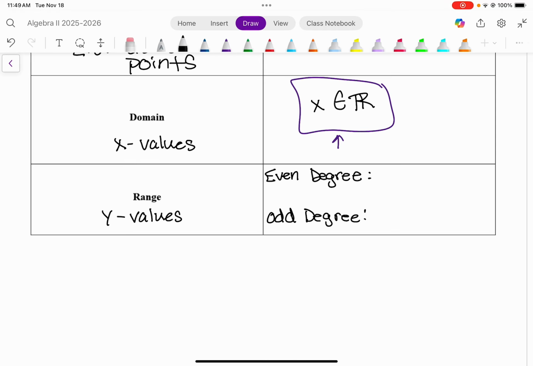So if it's an odd degree, your range would be y is an element of all real numbers because it's continuing to go up and down. When it's even, our end behaviors both go the same way. So this one is going to be an inequality with y. So it's going to be y is greater than or equal to a number, or y is less than or equal to a number.